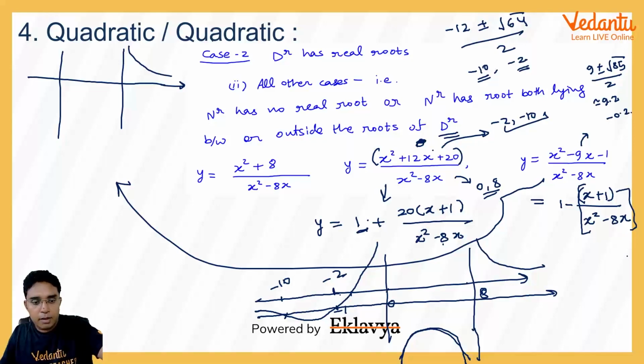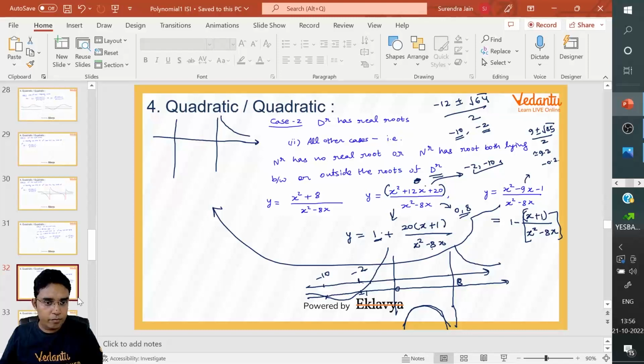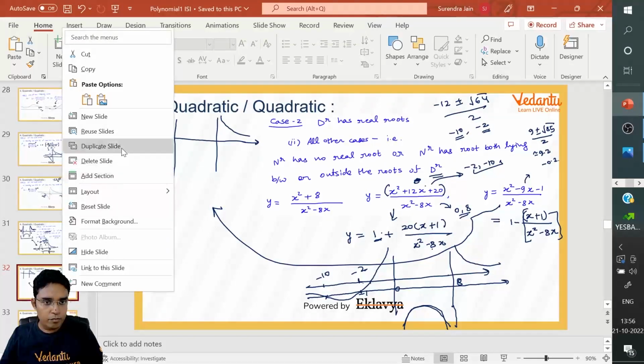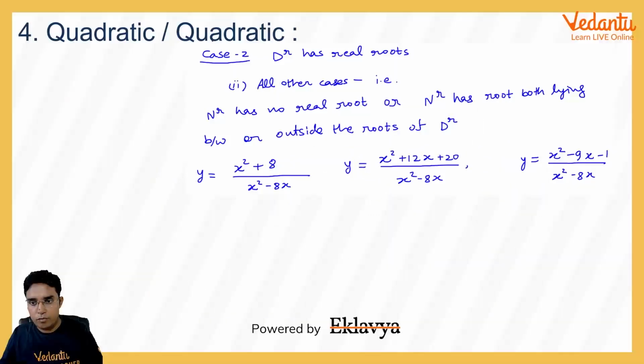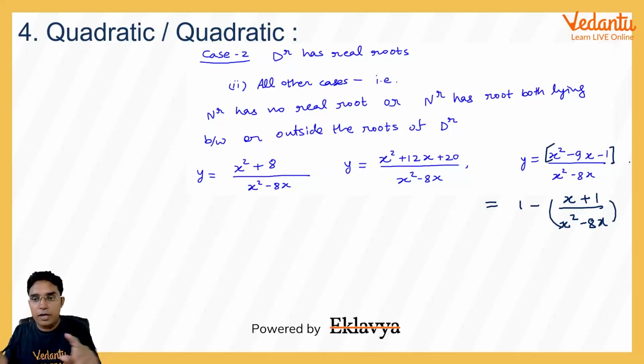I think I am not having sufficient space here. So what we did here, we found this case is actually 1 minus x plus 1 upon x square minus 8x. And roots of numerator are 1 left of 0 and 1 right of 8, the roots of denominator.